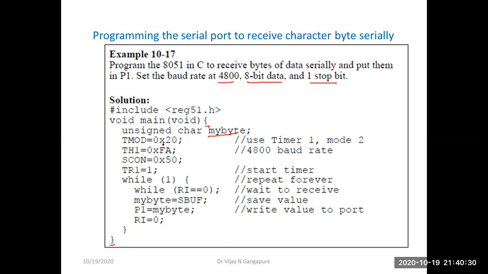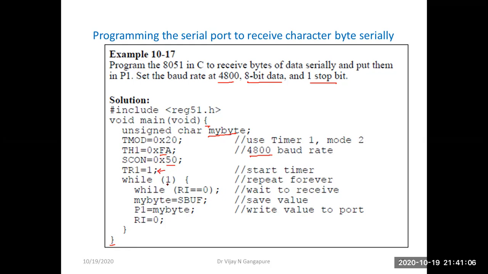Then TMOD = 0x20, means I am configuring timer 1 in mode 2, that is 8-bit auto reload mode, and TH1 = 0xFA, means I am setting the baud rate of serial port at 4800 bits per second. Then SCON = 0x50, means I am configuring serial port of 8051 in mode 1, that is 8-bit UART mode. Then I am starting timer 1.